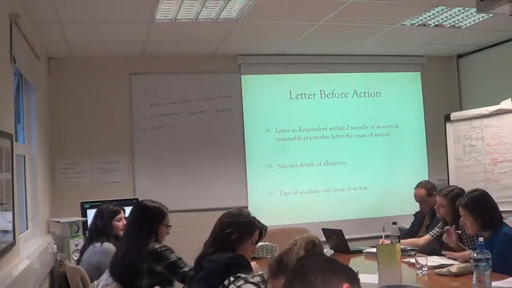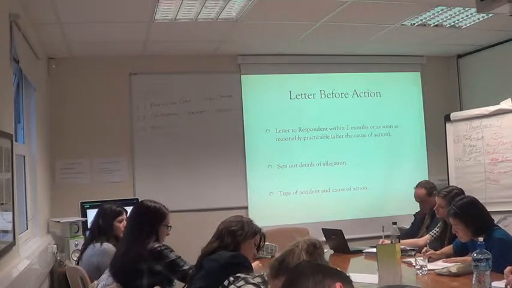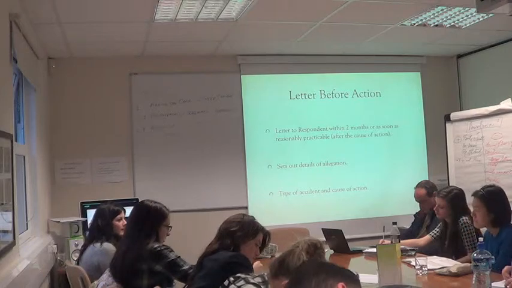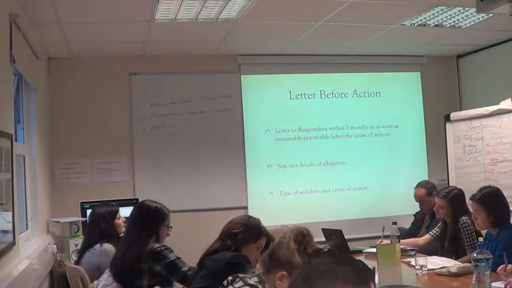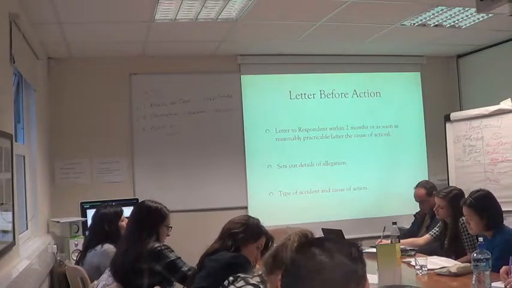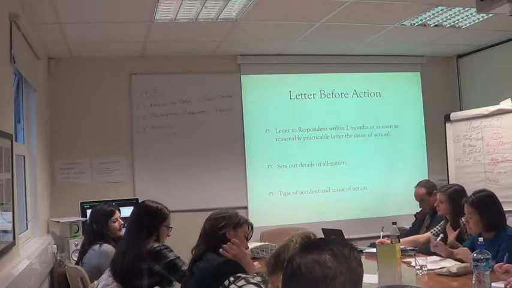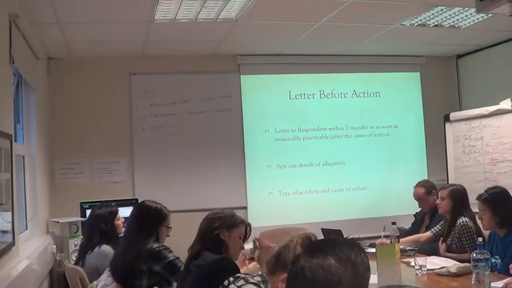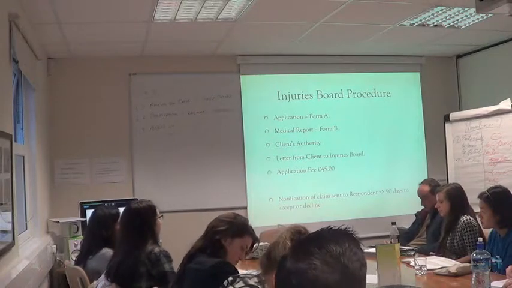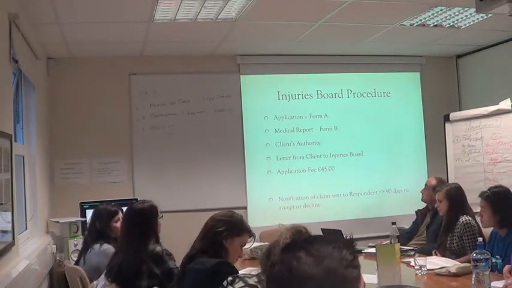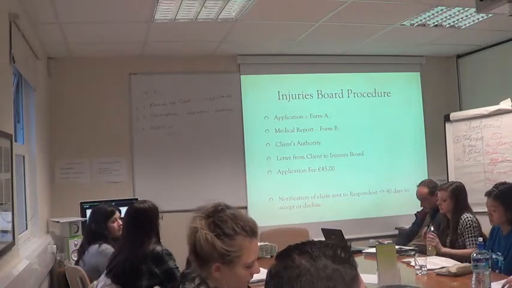Section 8 of the Civil Liability and Courts Act 2004 makes provision for it. So if the solicitor is doing their job correctly, this is the first step they should take. Again, you set out the details of the allegation, the type of accident, the cause of action, the compensation, etc. If that doesn't work, which obviously a lot of defendants may simply ignore the letter, you go to the Injuries Board.